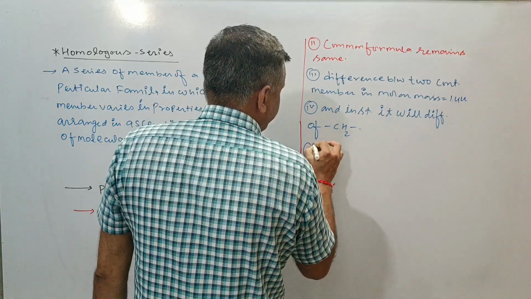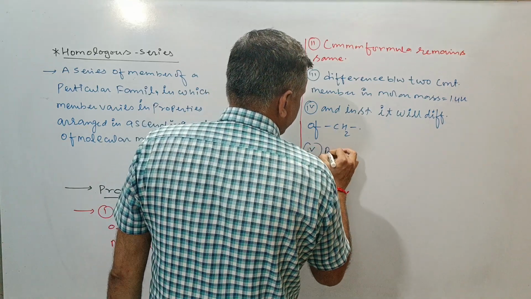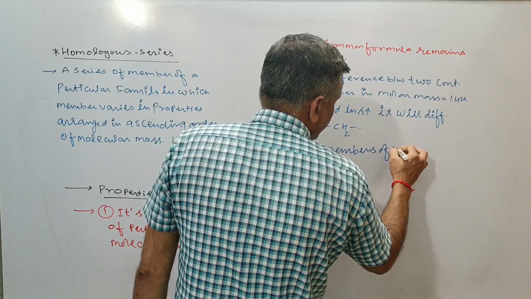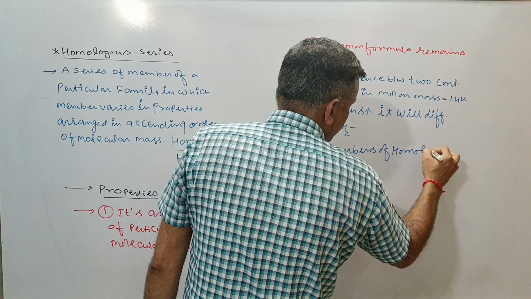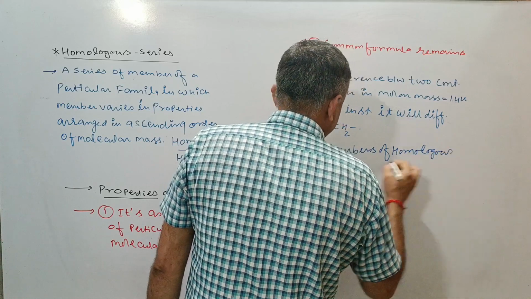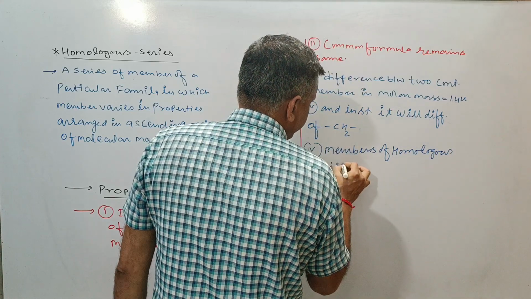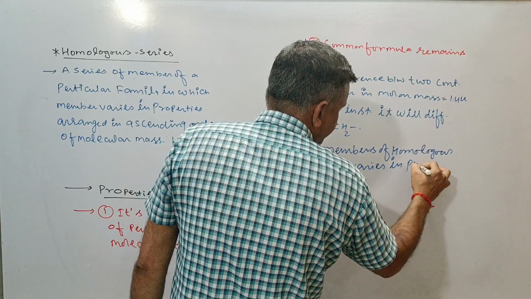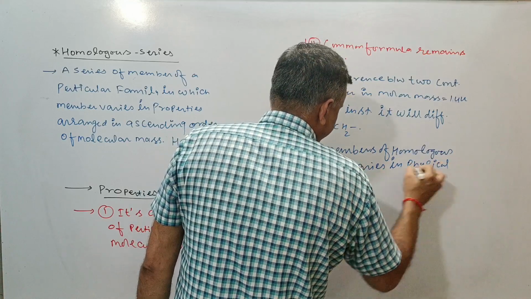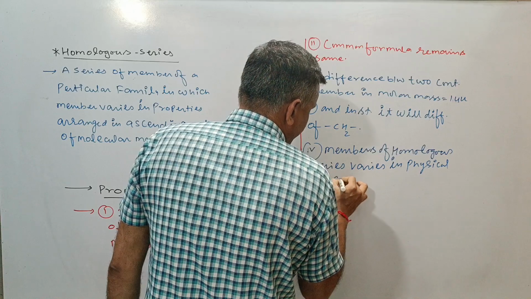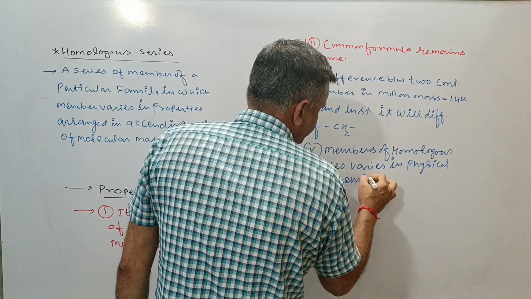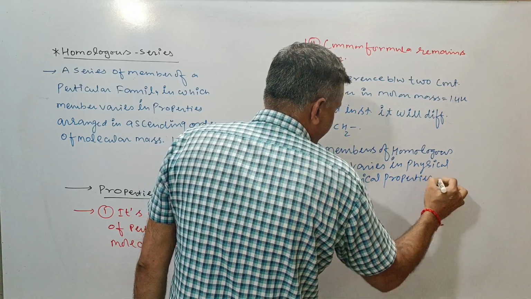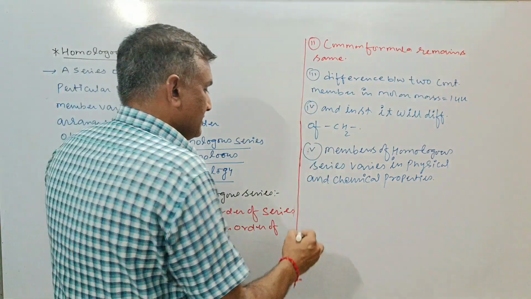Just you can say members of homologous series vary in physical and chemical properties. Means the values of their physical and chemical properties will be different.